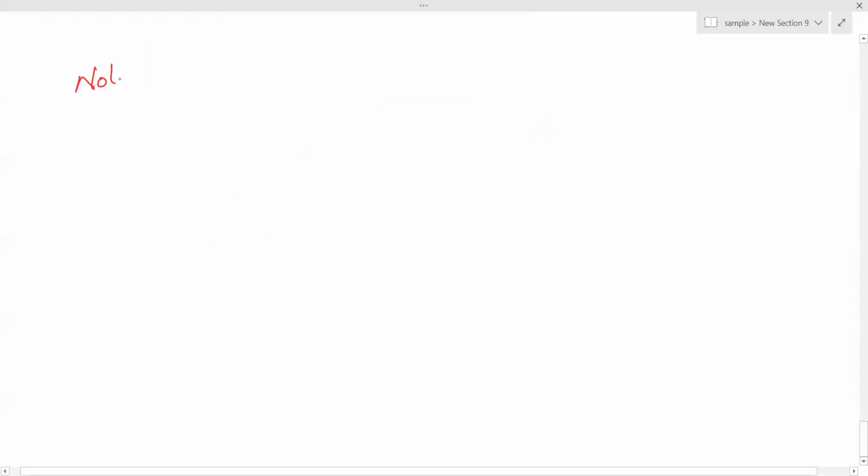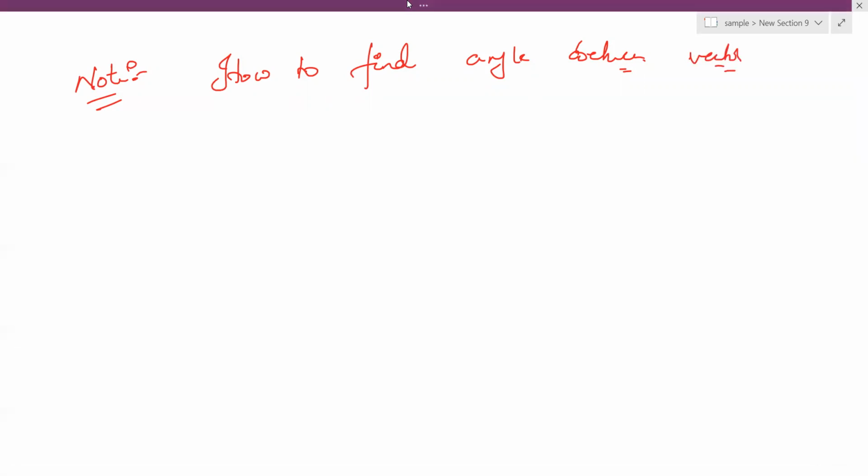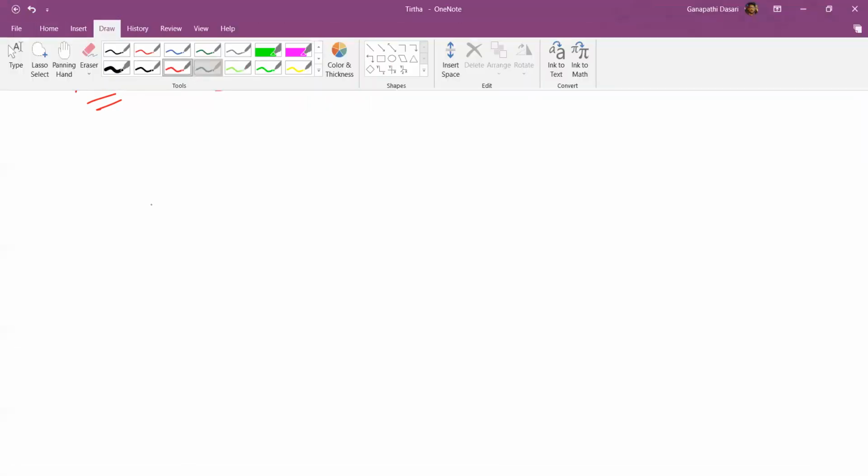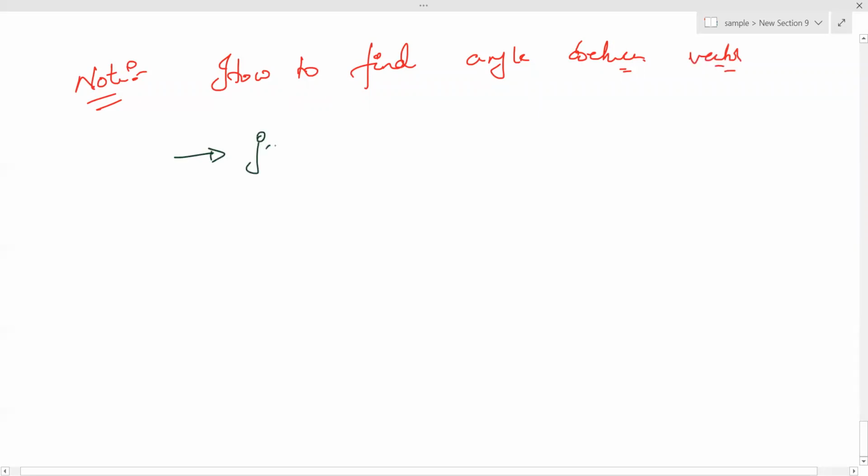Another note point you take. How to find the angle between vectors? Angle between vectors. Join two vectors tail to tail.